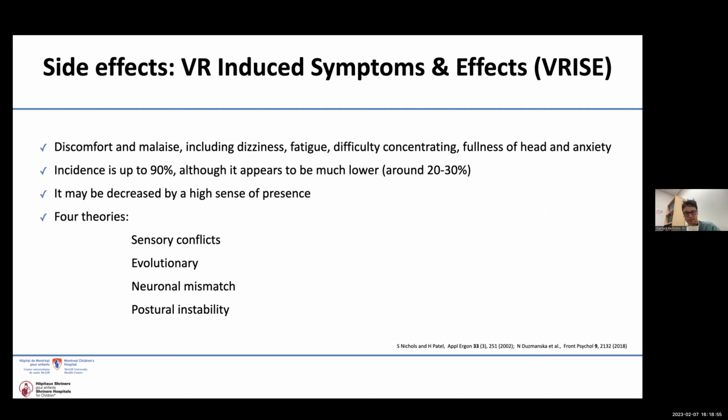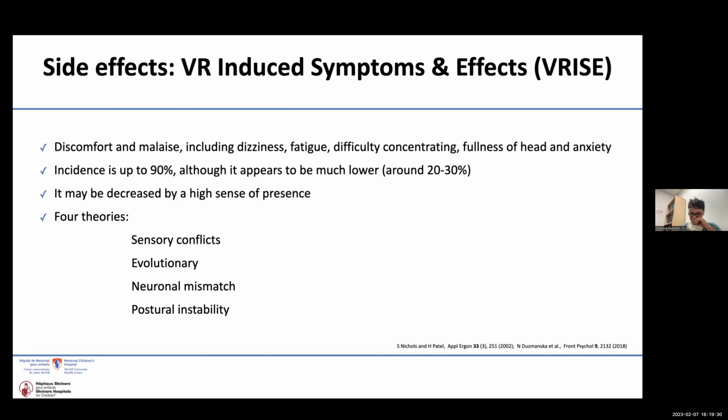There are different theories behind the cyber sickness. Most of them, the first three, were theorized in the 70s, and the last one, the postural instability, in the 90s. So briefly, the sensory conflicts theory says that because we get information from different sensory pathways, vision, touching, and so on, our brain is unable to find a coherence, and then gives the dizziness.